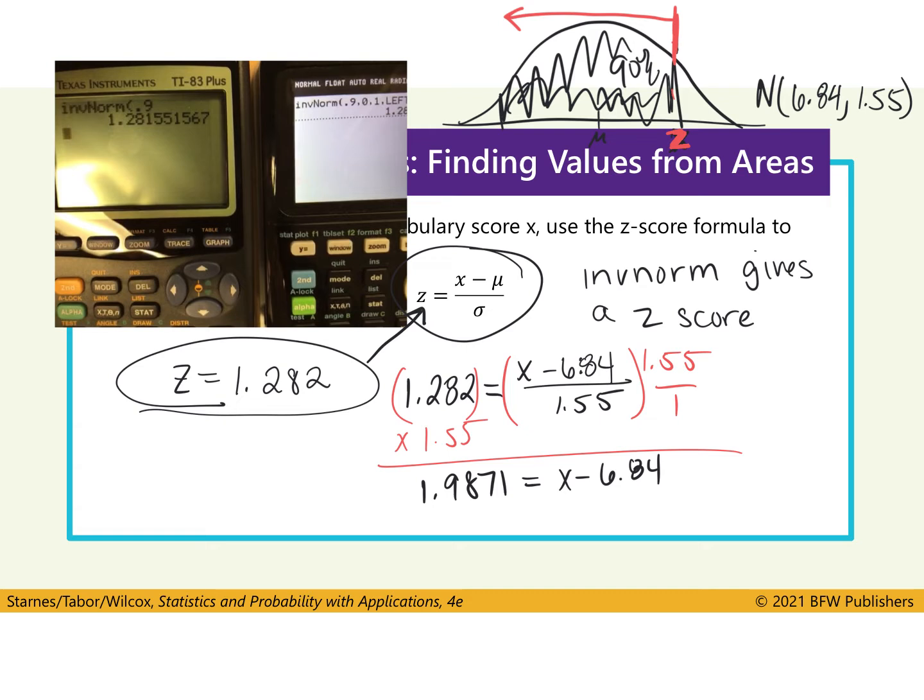Okay, we don't expect you to do these things by hand, and we get most of our values from the calculator. And now what do I do to solve that? So we'll add 6.84. We get 8.8271 equals x.